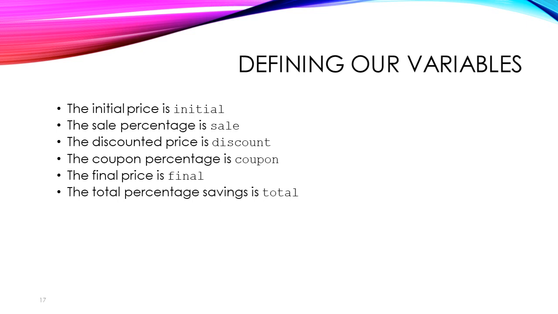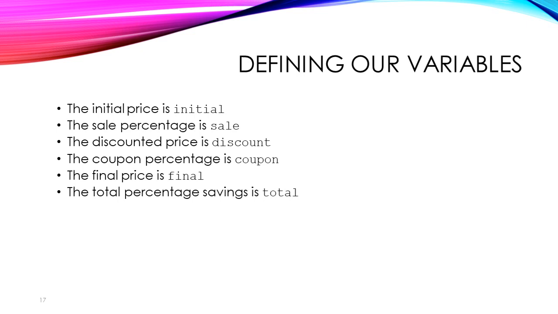So we have our variables. The initial price we're going to call initial. There's no sense in being too clever when you're programming. Just basically label everything what it is. I'm a little bit lazy on typing, and so my variable names have a tendency to be fairly short, but I try to use complete words.